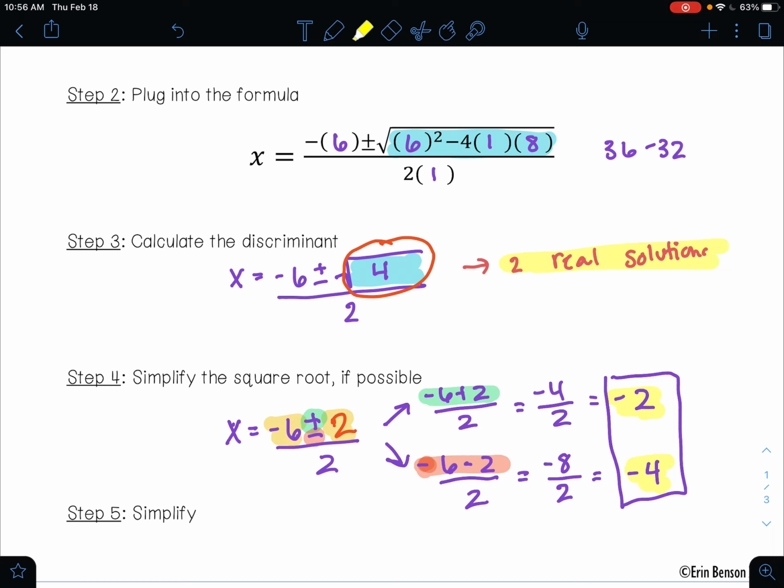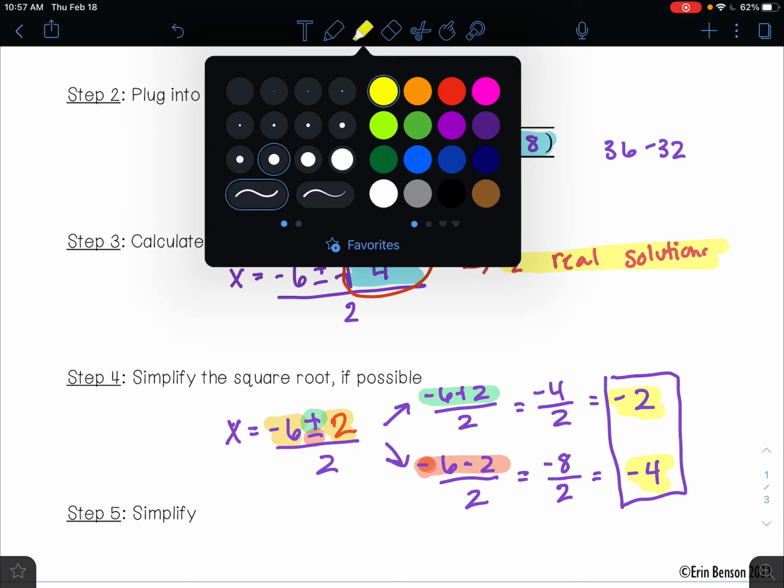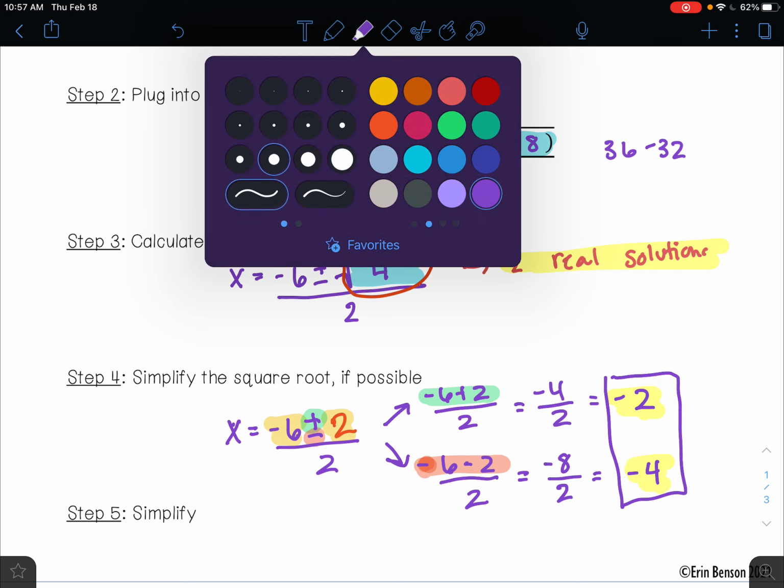None of the other methods work every single time, or they might work, like completing the square can work almost all the time, but it might be a little bit messy or not as pretty as using the quadratic formula. So that is why we like the quadratic formula, is because this method works no matter what type of quadratic you have.